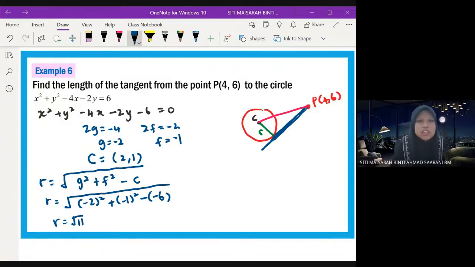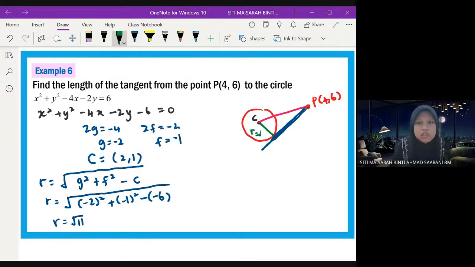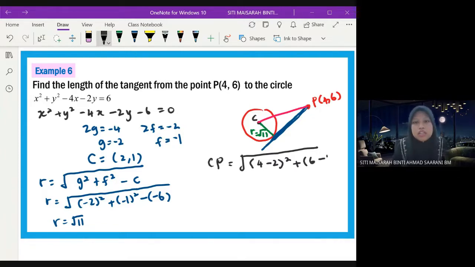Okay. Kena tulis kat sini. Sekejap kita padam. So kat sini R is square root 11. Okay. Center kat sini dia dapat 2, 1. So awak boleh cari distance CP ni. CP is square root 4 tolak 2 square tambah 6 tolak 1 square.